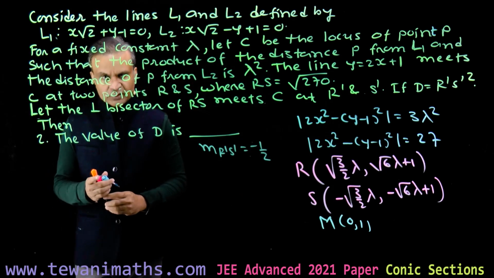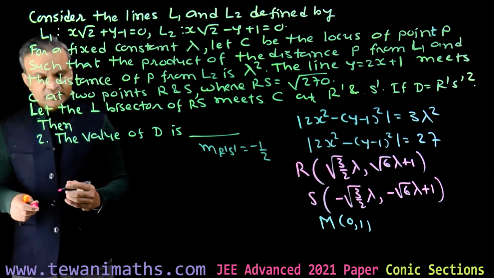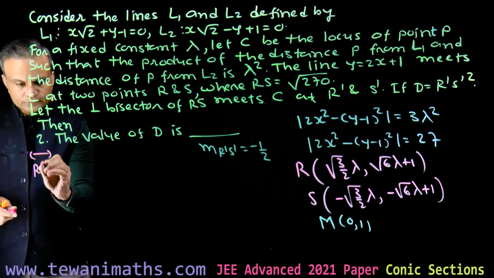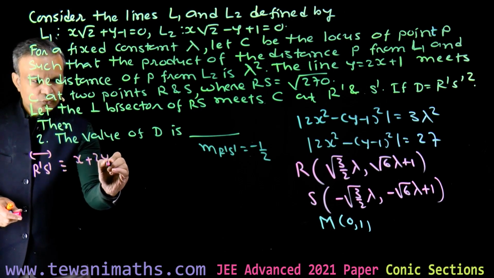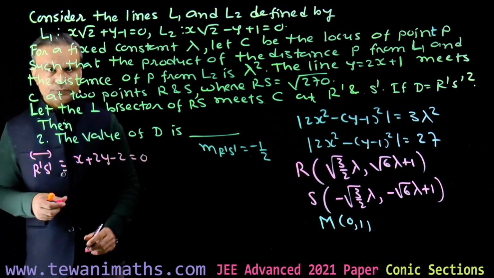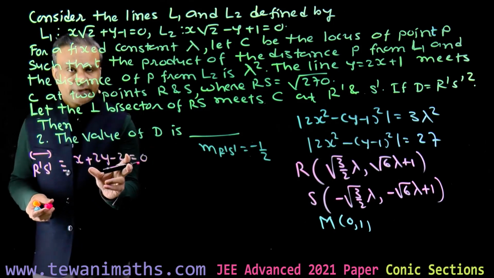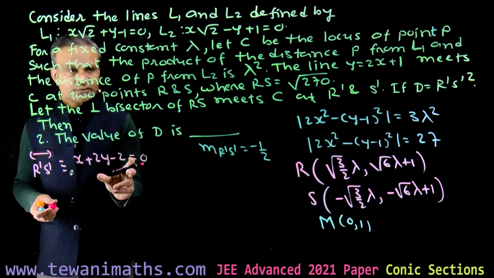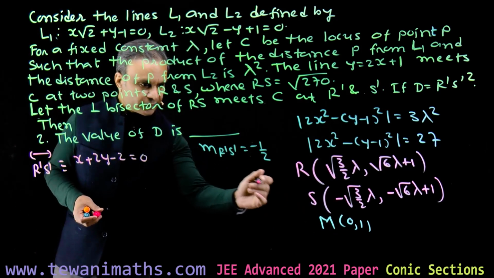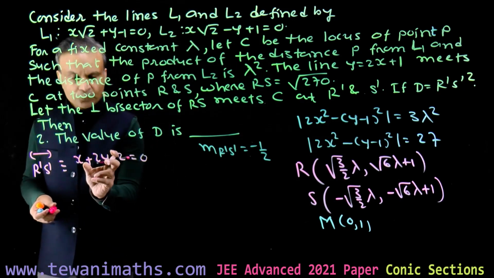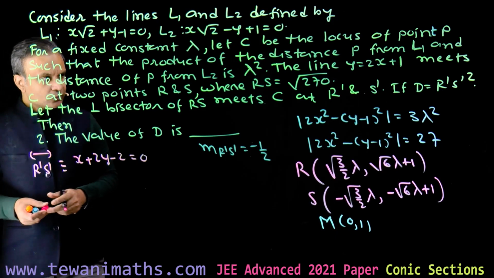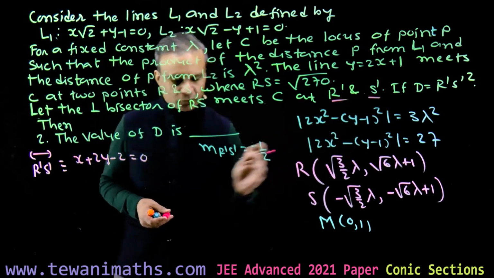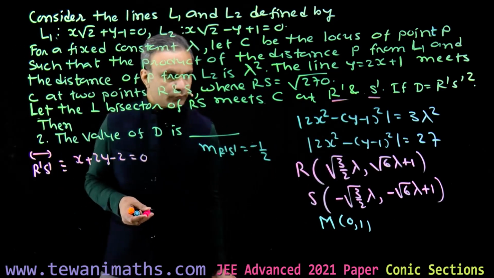So the equation of this line will be x plus 2y minus 2 equal to 0. This is the perpendicular bisector of RS, which passes through the midpoint of RS and has slope minus 1 upon 2. Now to get the coordinates of these 2 points, we will solve this equation with the equation of locus.